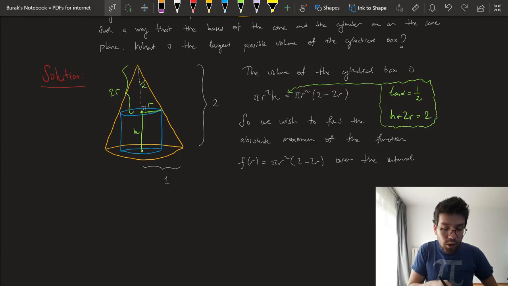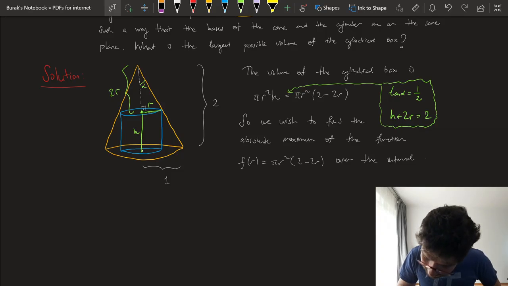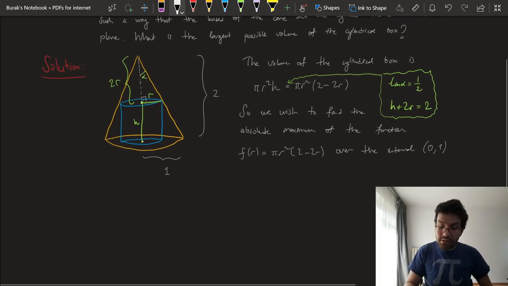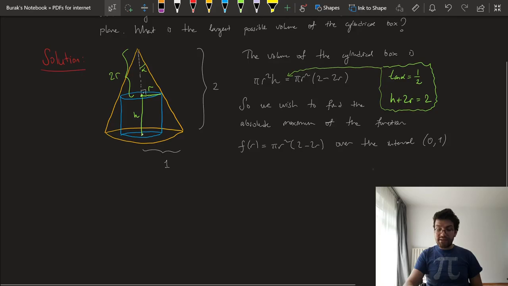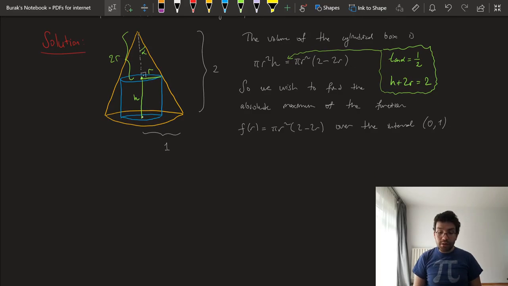The minimum value of the radius can be any value greater than 0, but it can't be 0. So the possible values for this radius are in the open interval (0, 1). I want to find the absolute maximum of this function on the interval (0, 1).